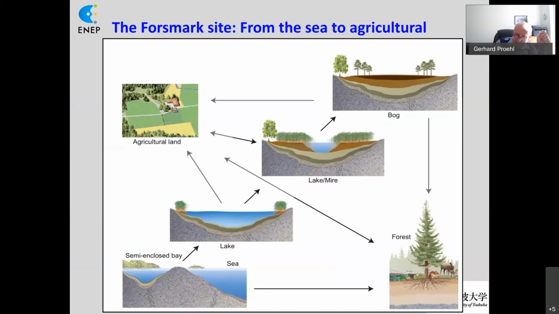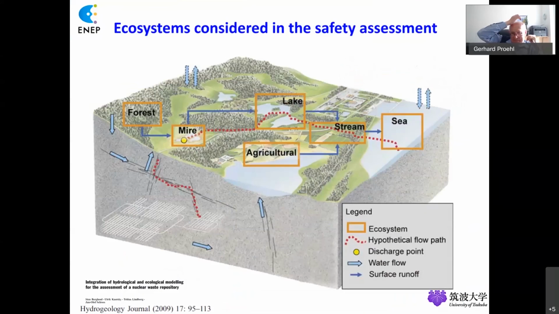This development can be observed over the last millennia. This makes the safety assessment very complex and difficult.